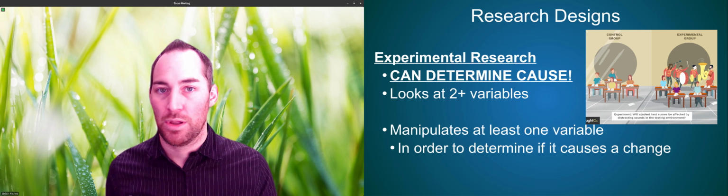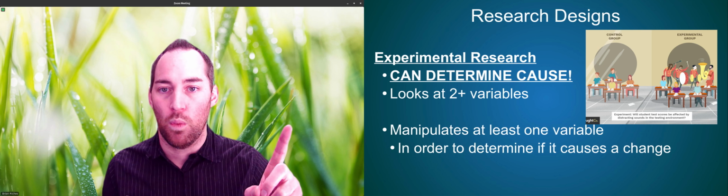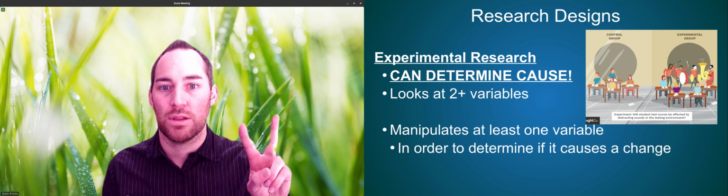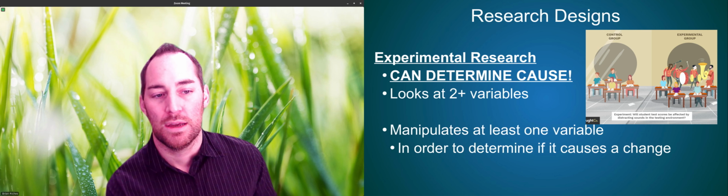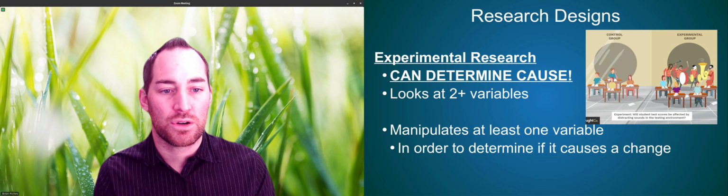So you can manipulate more, but for the simplest experiment, you need to be looking at 2 variables, manipulating 1 in order to determine if it's making a cause. So here we have our control group that is doing a test in an environment that is quiet, maybe normal school environment, versus here they have a band playing behind them.